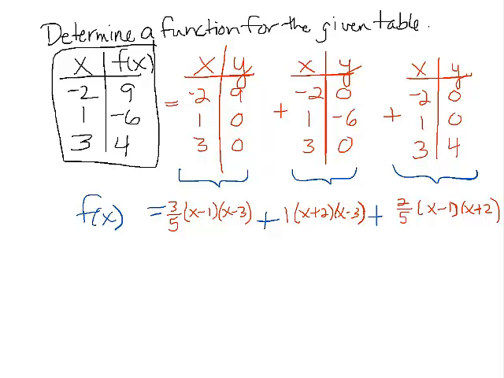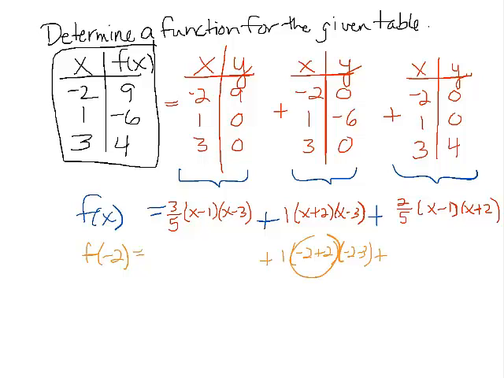If you wanted to test this out, we could substitute in -2 and see if we get 9. Let me just demonstrate what happens when we do this up to one of the points. So if I do f of -2, and I substitute it in the first part, and I substitute in the second part, and I substitute in the third part, look what happens to the second and third parts. Look right there, it just happened.